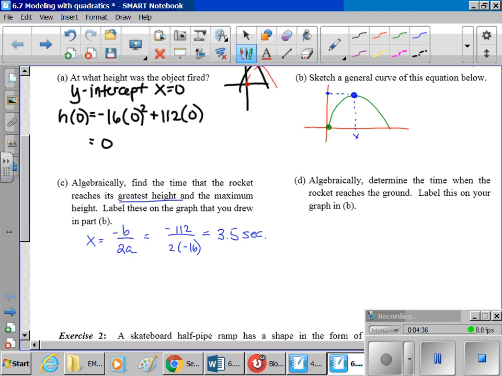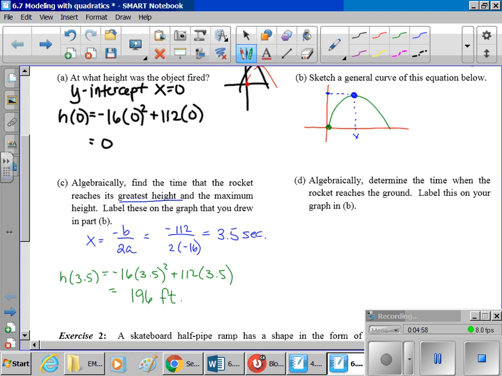So now what I have to do is take that 3.5 and do h of 3.5, which is negative 16 times 3.5 squared plus 112 times 3.5. Put that whole thing into your calculator and you get 196 feet. So that's my highest point.